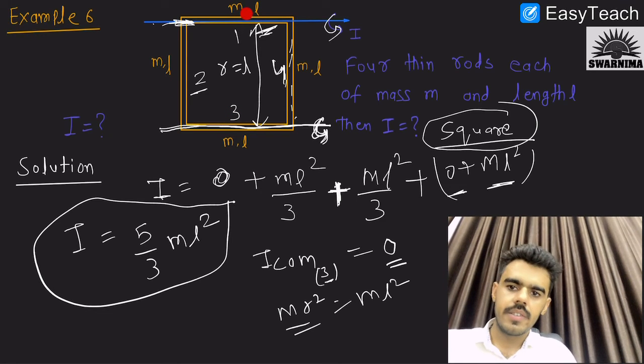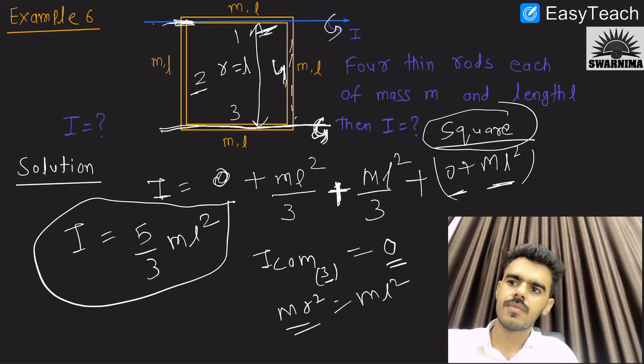So first we check the moment of inertia, which part is due to rod 1.